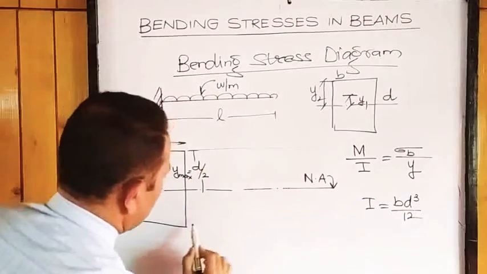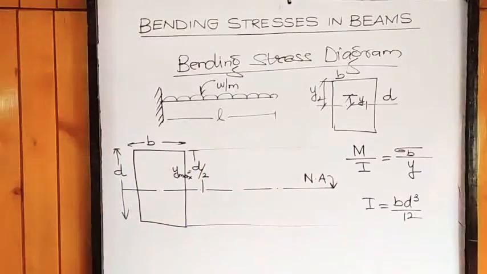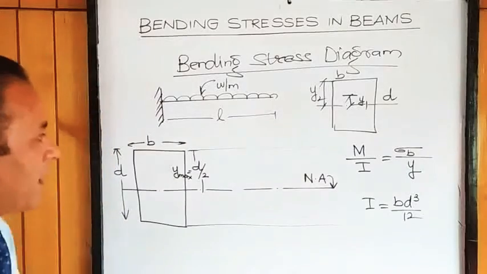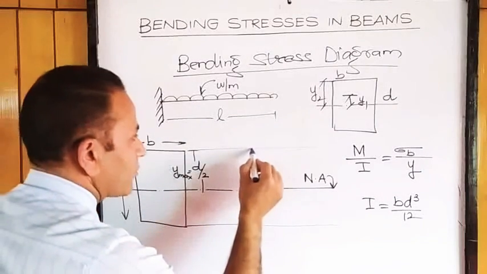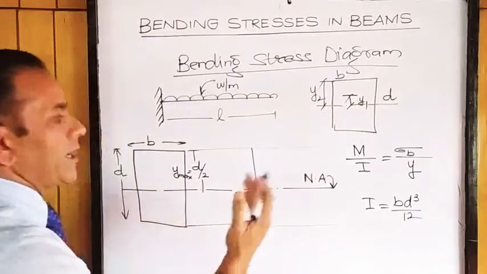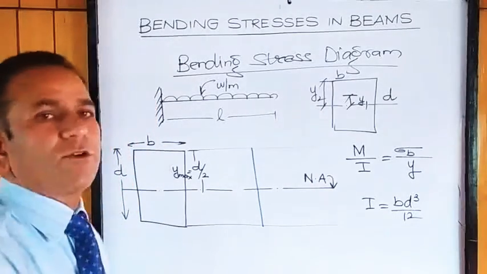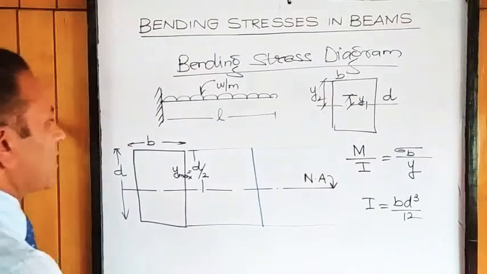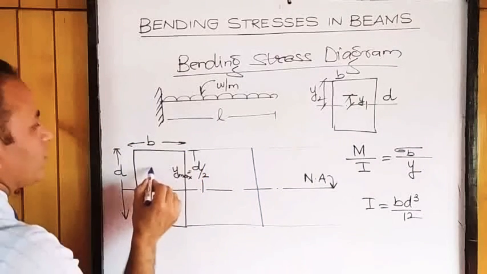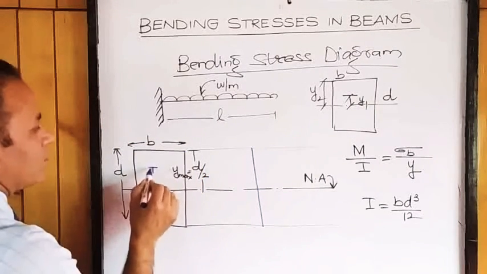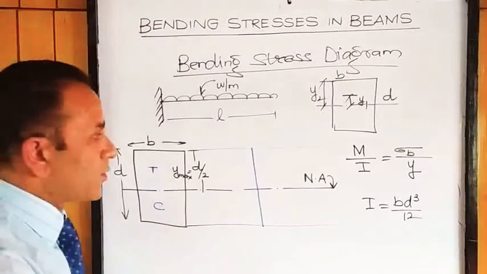So when we go to have a look at the bending stress, the variation of bending stress, this is the 0 line. On one side of this line we draw the compressive stresses. On the other side of the line we draw tensile stresses. So since it is a cantilever, we know that this is going to be the tension zone, this is going to be the compression zone. Okay.